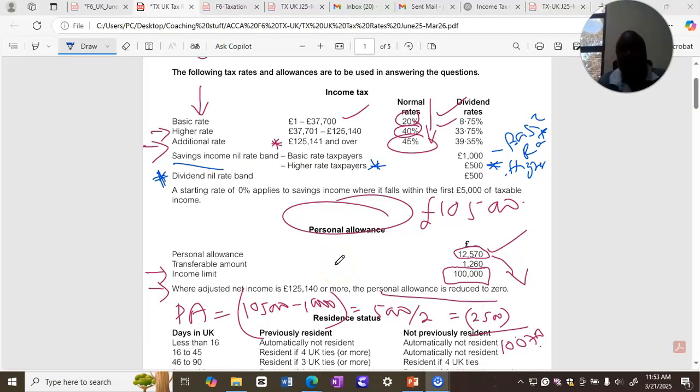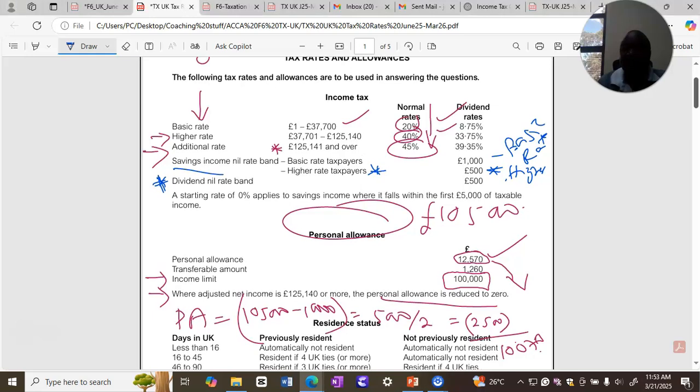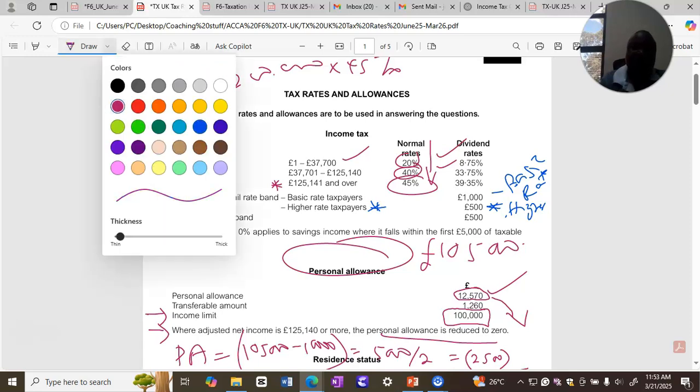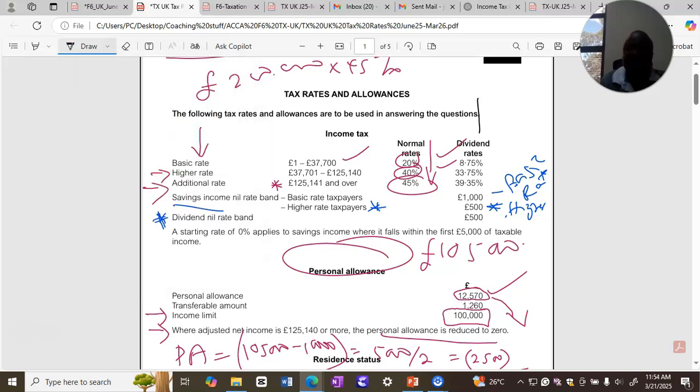Okay, ladies and gentlemen, we need not guess these figures. They are not subject to guessing. They are not a matter of guessing. So if you come to your tax table, the dividend income has got its rules, the dividend rates.